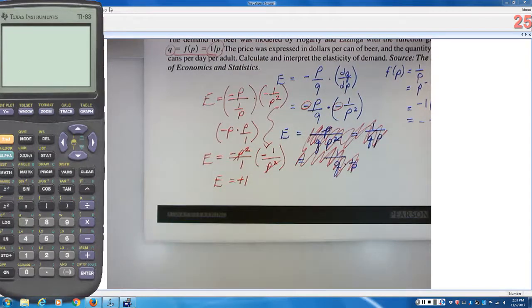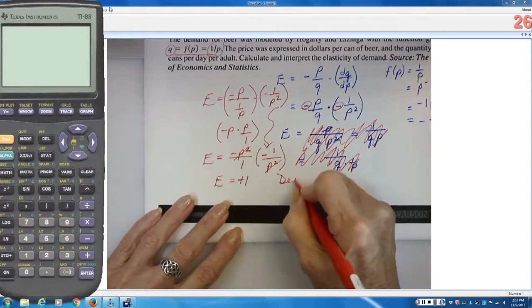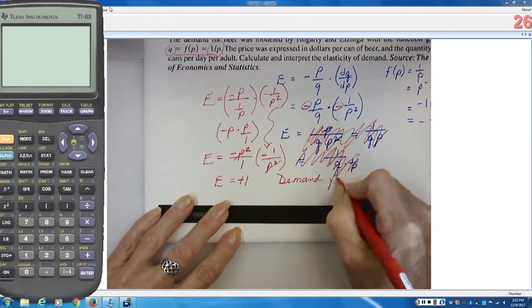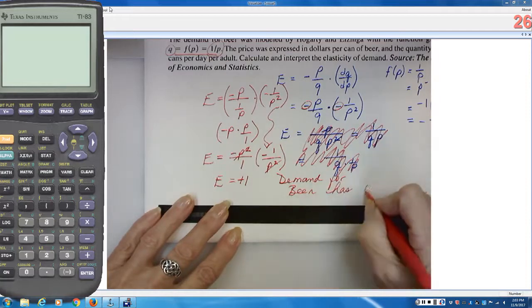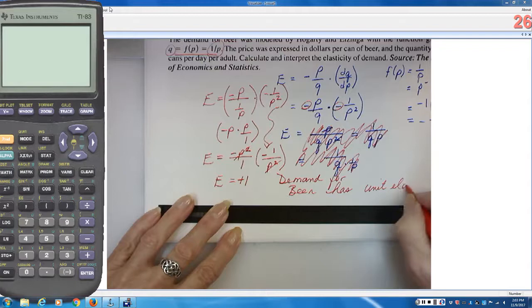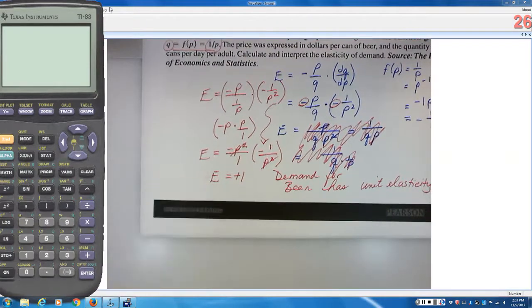What does E equals 1 mean about the elasticity? It has unit elasticity. And that means the percentage changes in both those quantities are basically equal to each other.